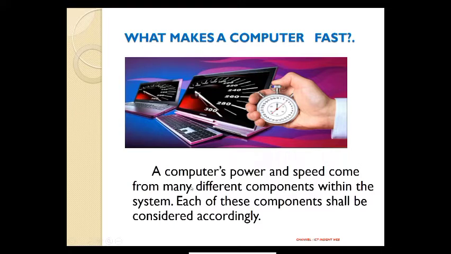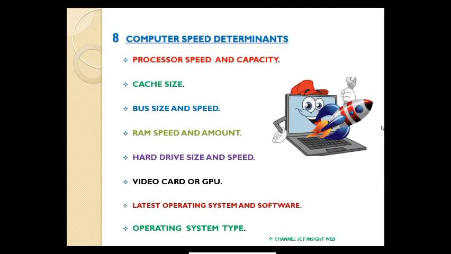Computer power and speed come from different components, different determinants. So let's move on to see those determinants. There are 8 determinants to whether a computer will be fast or slow.